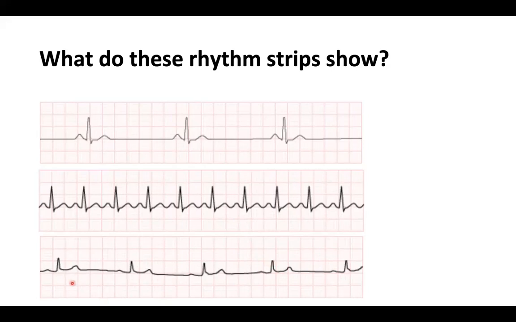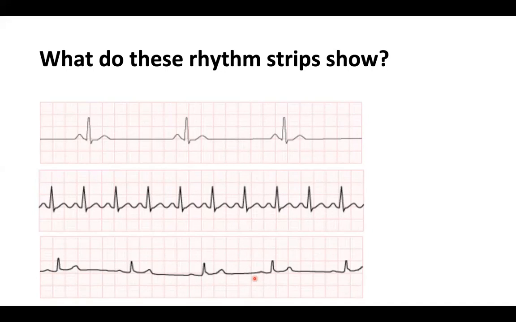Okay, other important features. The RR intervals, this one is mainly prolonged. But the P waves are present before every QRS, and the P waves have the same morphology, the same shape in all of them.